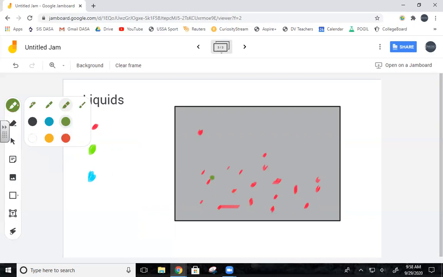Okay? So they'll bond together like that, and like that, and maybe like that, so they kind of bond a little bit, but they're not all bonded together in a nice, orderly fashion.